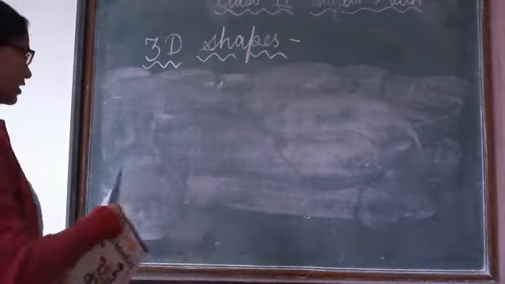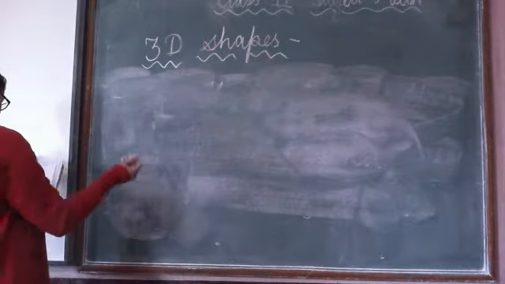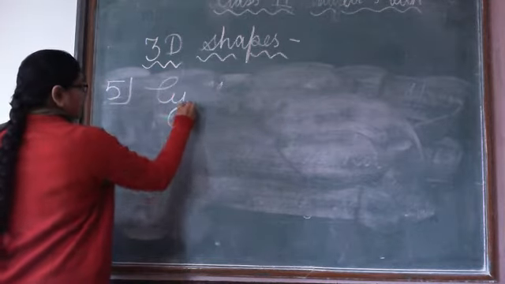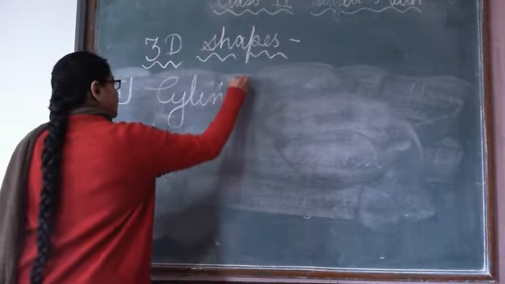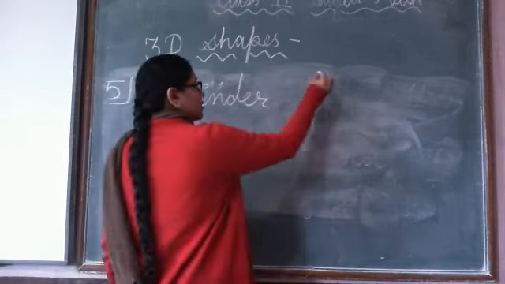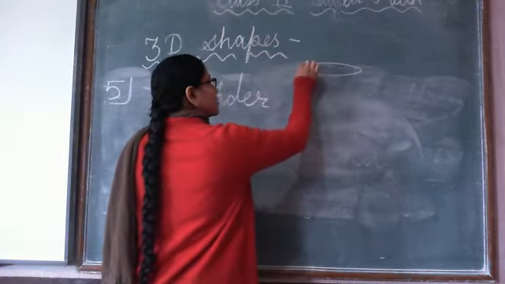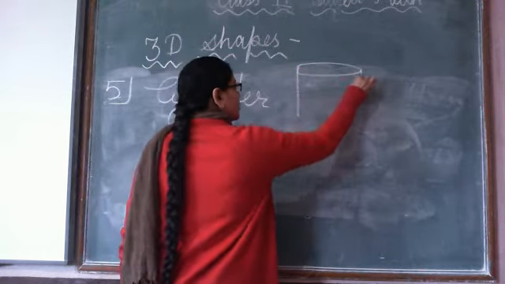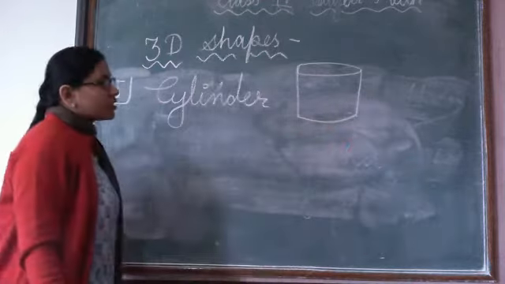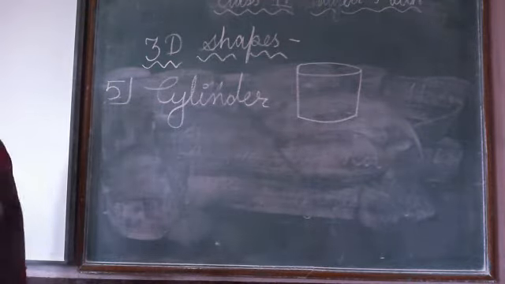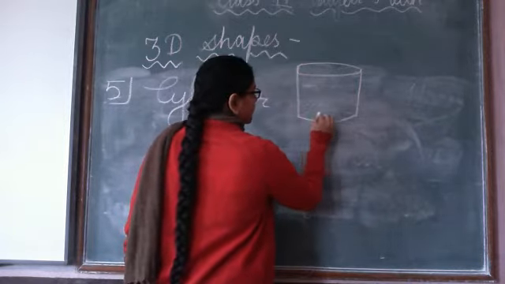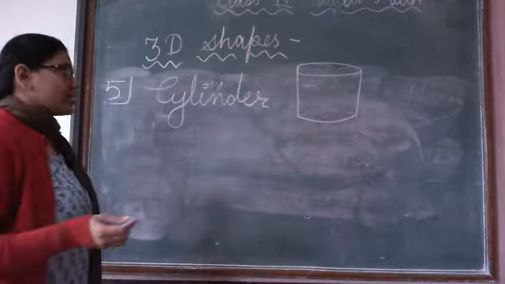Okay, so the next shape, fifth shape, is cylinder. So let's draw cylinder first. So this is how cylinder looks like. Now the cylinder is having one curved surface. See, this is the curved surface and two flat surfaces.